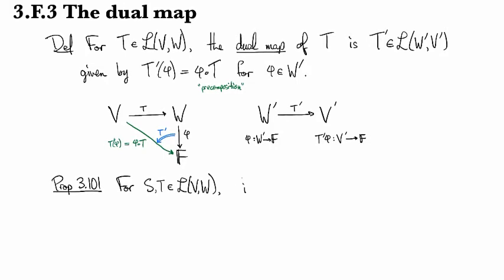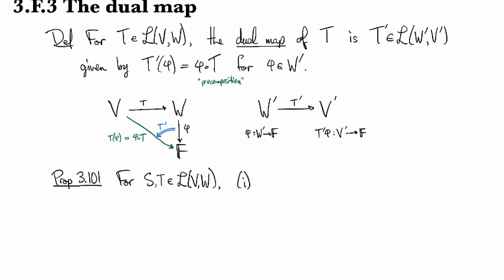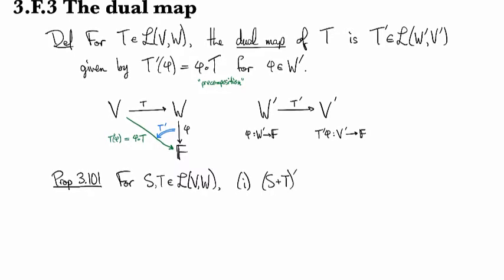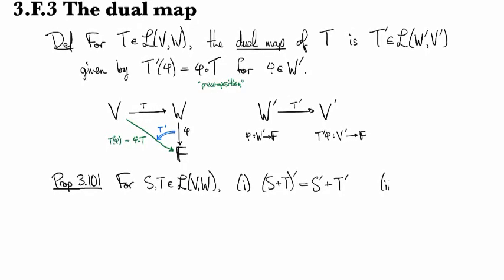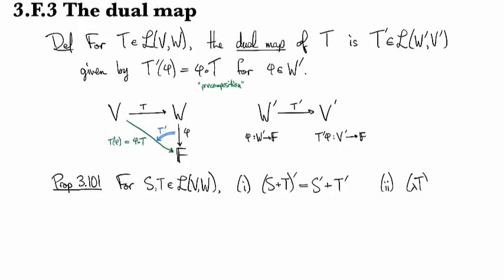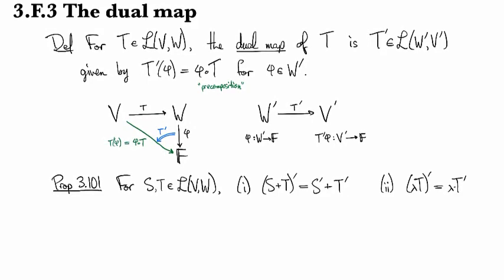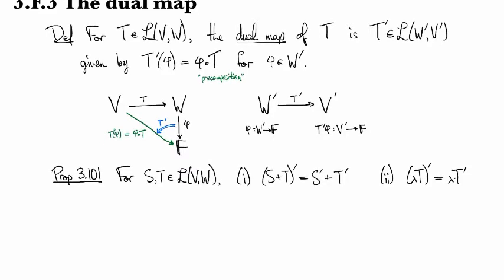So first off, if we have S plus T and we prime it, we get S prime plus T prime. And secondly, if we have a scalar multiple, then we get lambda times the prime of it. And I'm sure you saw that coming a mile away.